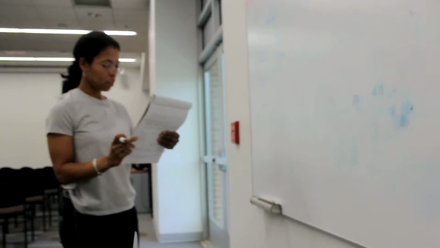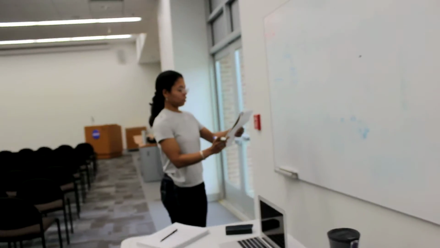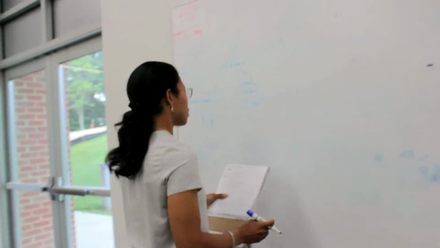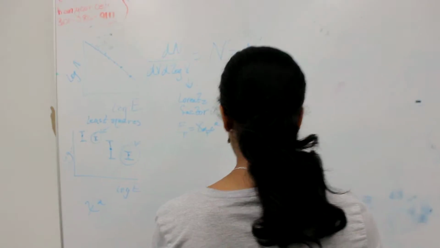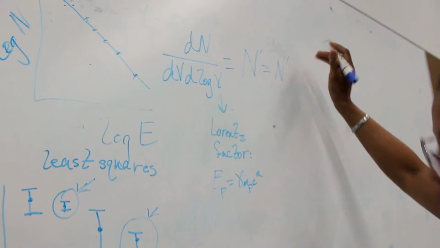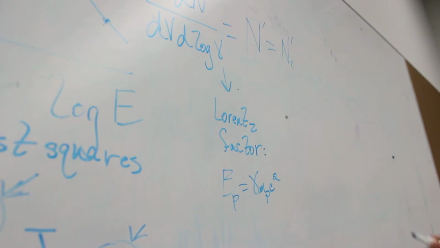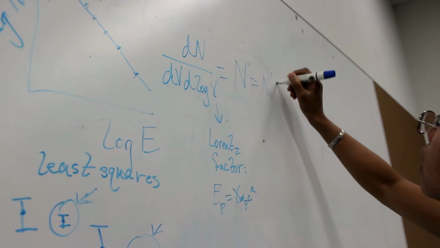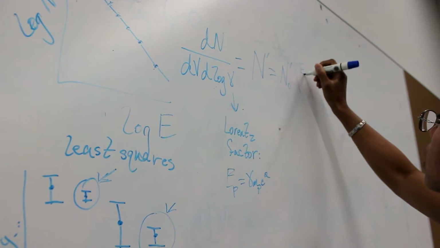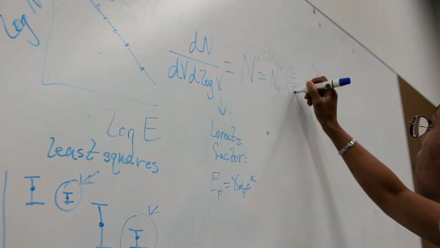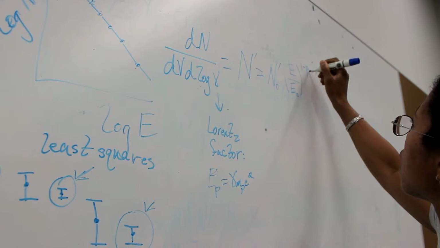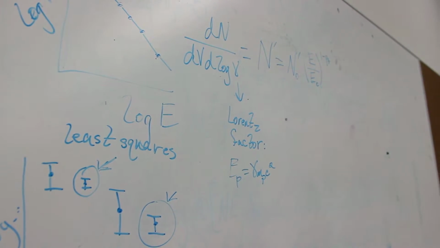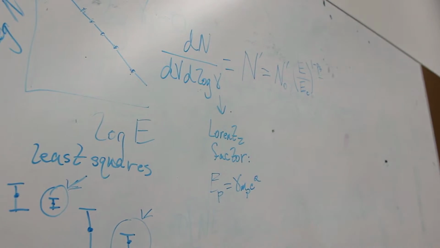I'm actually cheating and writing energy instead of gamma, but whatever. So the form we're looking at has n naught, which is a fiducial value, times E over E naught to the power 1 minus pf. What we're trying to find is this pf.